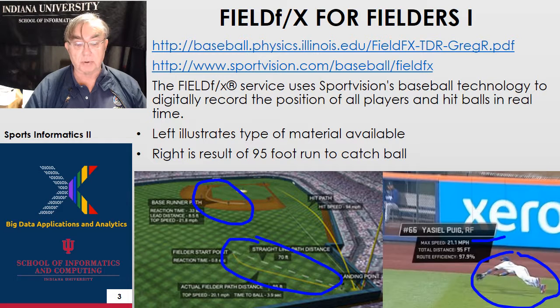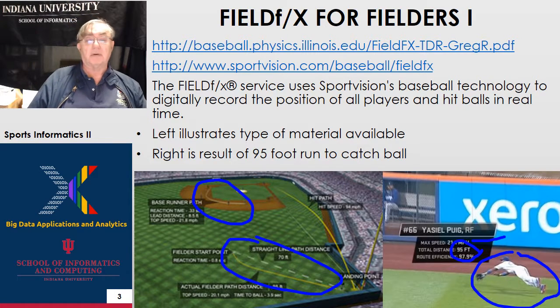This is just the broad material, and notice this is a mixture. Here we're just seeing visualizations, what we call spatial visualization, which is the initial thing to produce. But here there's actual analytics. It tells you how efficient the fielder was. And of course, using these numbers like the total distance the fellow had to run, you can compare the fielding rather precisely with that of other fielders.